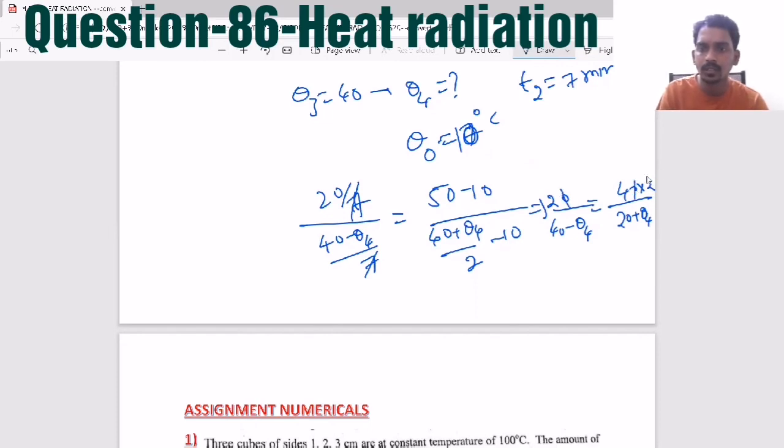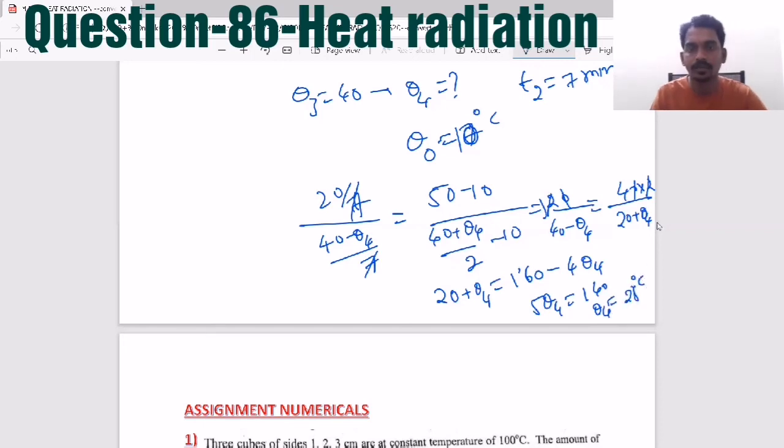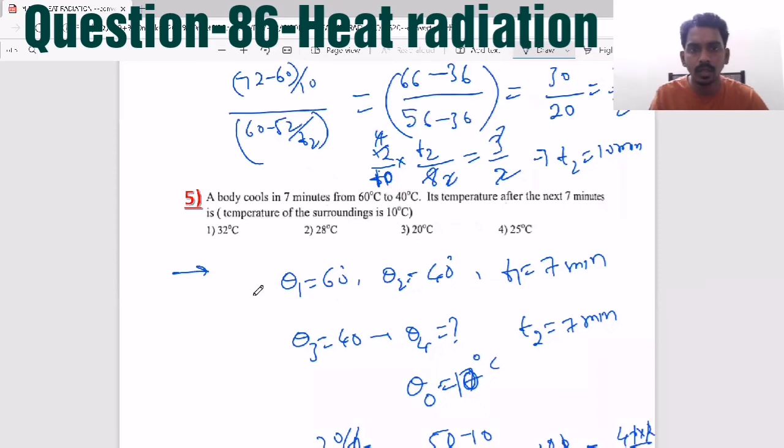Now 0 cancel, 2 cancel, cross multiply it. So 20 plus theta 4 equal to 4 into 40. So 160 minus 4 theta 4. Now this you bring this side, 5 theta 4 equal to this 20 you take that side, 140. Then theta 4 equal to 28 degrees Celsius. So it will go to 28 degrees Celsius.